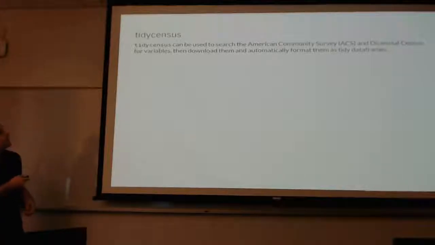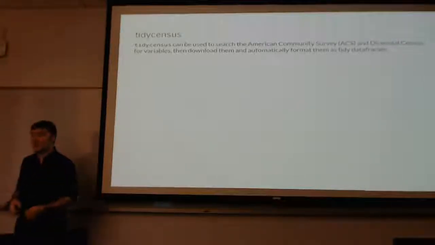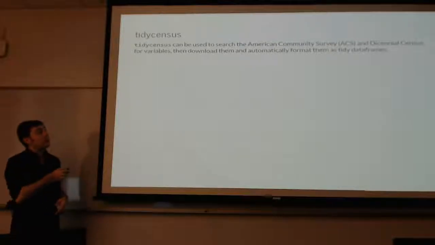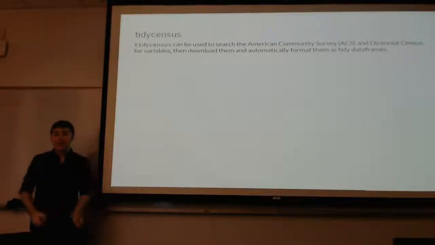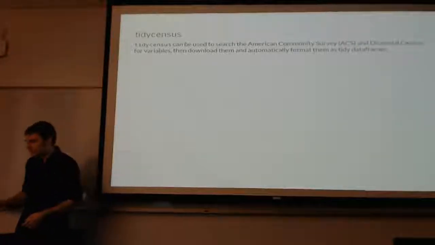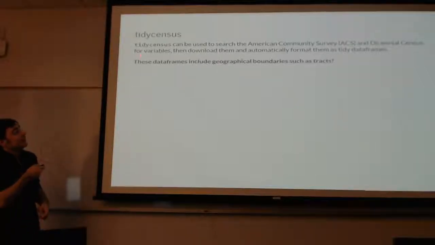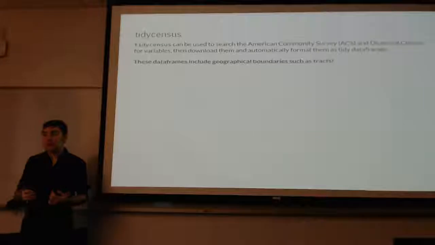Anyway, tidy census will allow you to search within the ACS and decennial census for variables, download them, and then automatically format them as tidy data frames with all of their additional information attached to them, so you know what you're getting. These data frames and downloads you can tell it to give you the geographical boundaries associated with them.